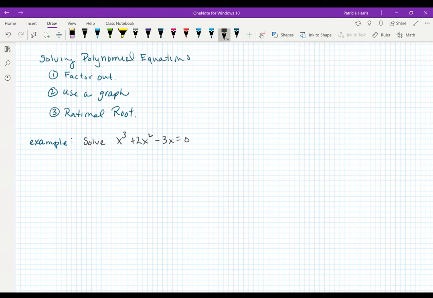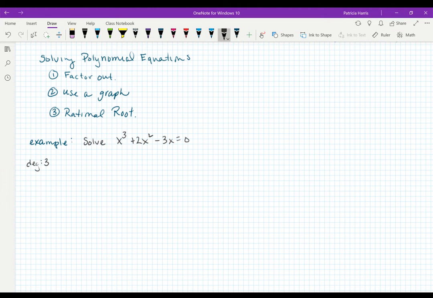So first thing I notice, this is a degree 3. So according to the fundamental theorem of algebra, I should expect 3 solutions, counting multiplicity, which may or may not come up.